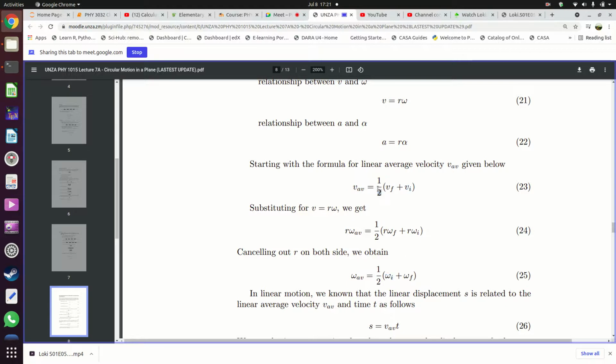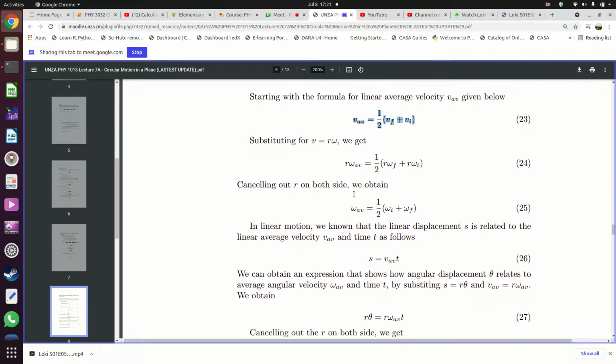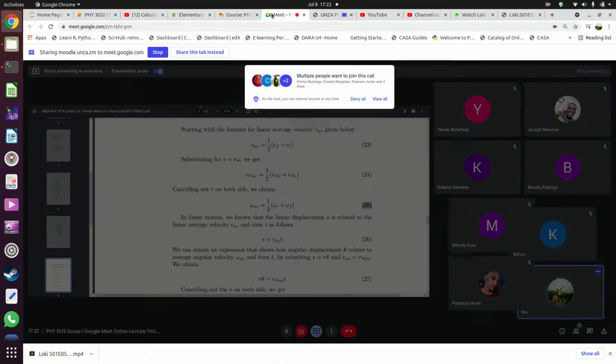The half stays the same, so there is no change there. So basically you can see that these two equations are carbon copies of each other. Equation 23 and equation 25, they are carbon copies of each other. Is that clear?